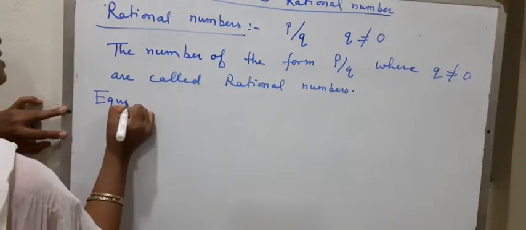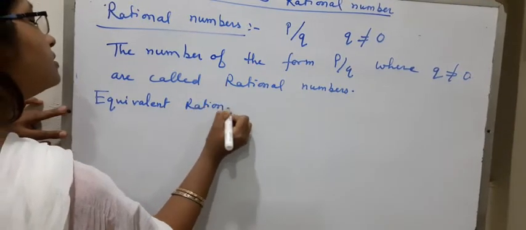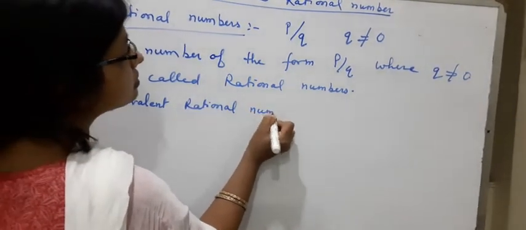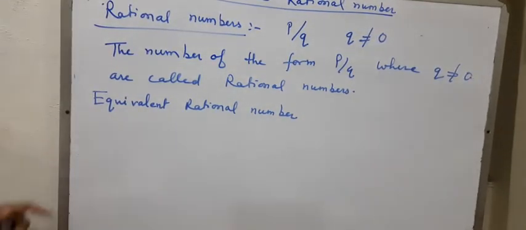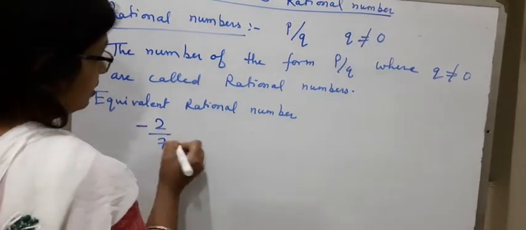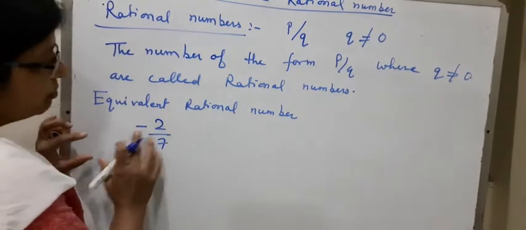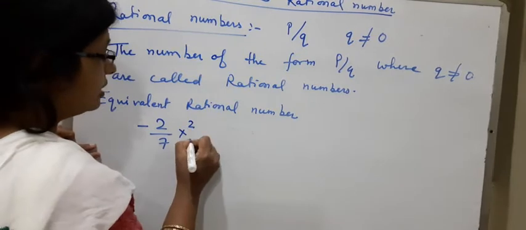Equivalent rational numbers. When we multiply the numerator and denominator of any rational number by the same number like 2, 3, 4, then we get an equivalent rational number. For example, minus 2 by 7. To find an equivalent rational number to minus 2 by 7, we multiply both numerator and denominator by 2.